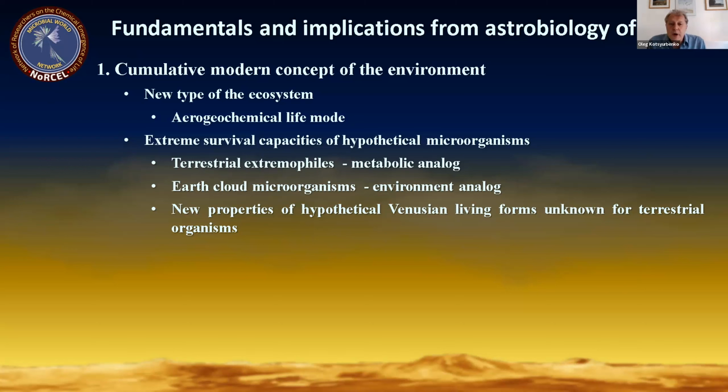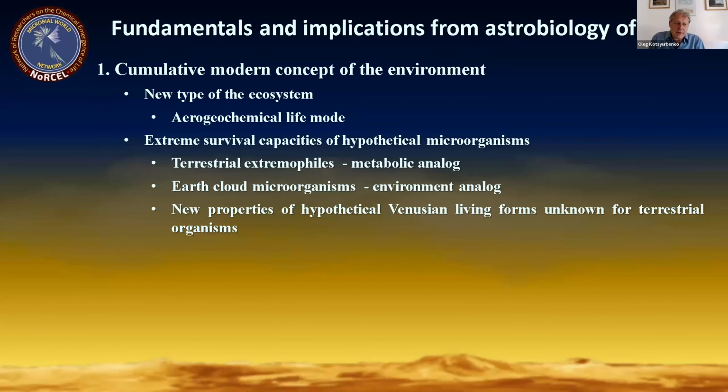New properties of hypothetical Venusian living forms unknown for terrestrial organisms. That could be true because in such an ecosystem we can consider a few extreme parameters, which probably we don't know in any other ecosystem on Earth that probably has such a combination of different extreme factors.